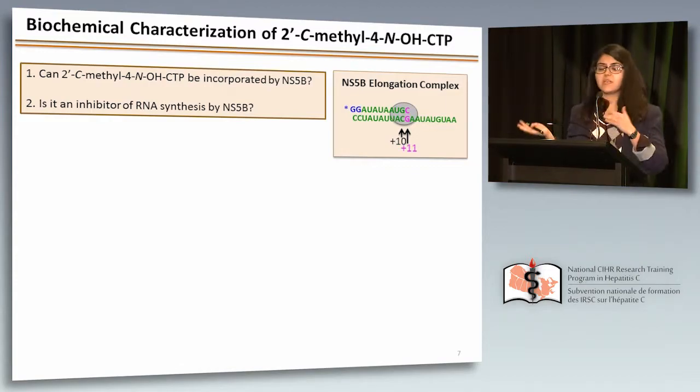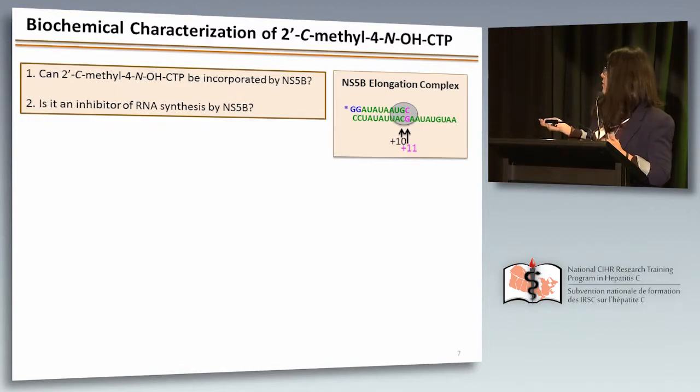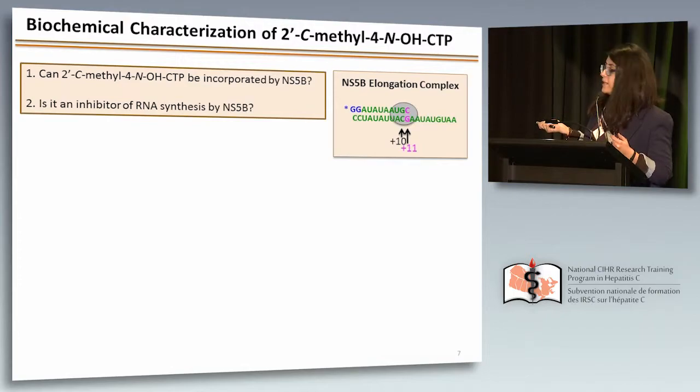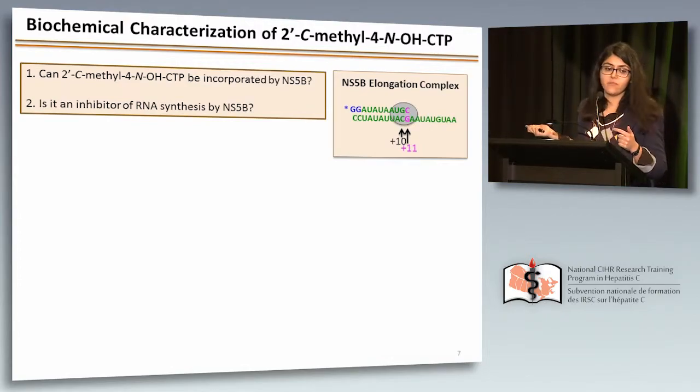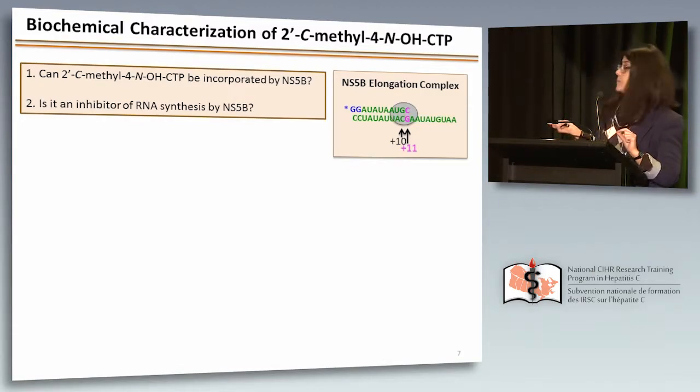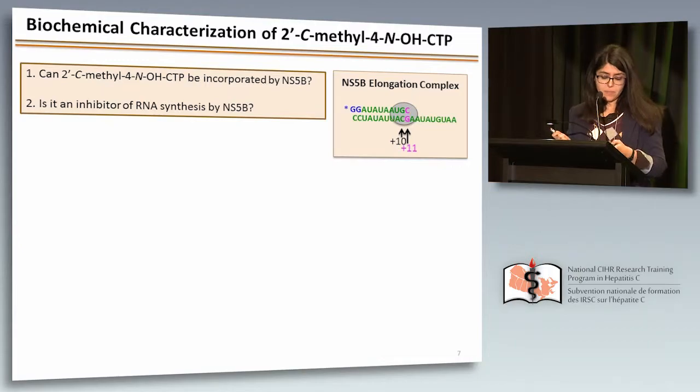The system that I'll be showing for the rest of the talk is fairly simplified. Here in gray, you have the purified NS5B RNA polymerase that is incubated with a synthetic 20-mer RNA template, and an elongation complex is formed, which allows for the specific incorporation of a CTP or a CTP analog at position 11, highlighted in pink.